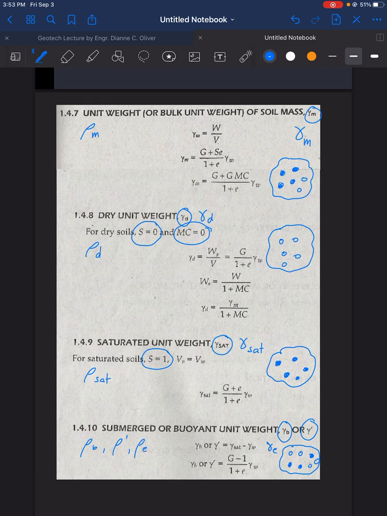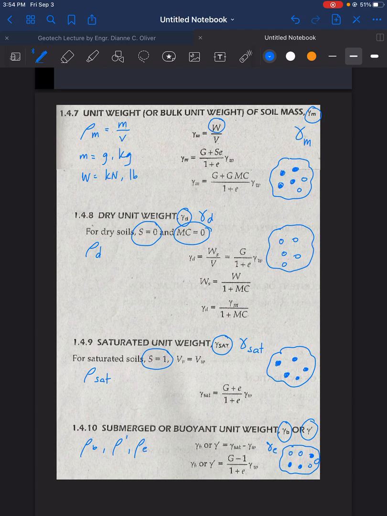So the only difference is that when we're talking about unit weight, we have weight, and when we're talking about density, we have mass. So mass over volume. The difference between mass and weight is that for mass, the unit is grams, kilograms, and for weight, we have the kilonewton and pounds. Okay? So I think we have covered that.